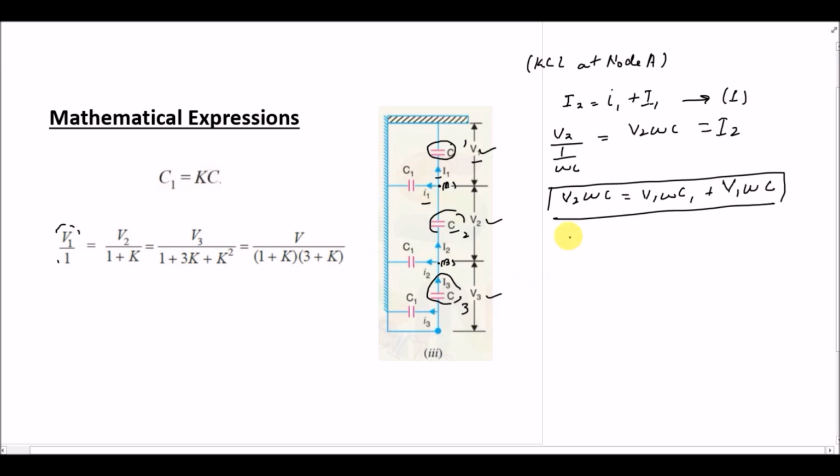Now we assume that C1 is equal to KC. This is your shunt capacitance, and this is your self capacitance.